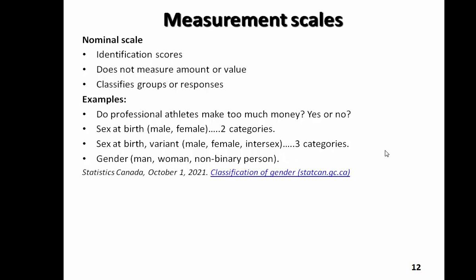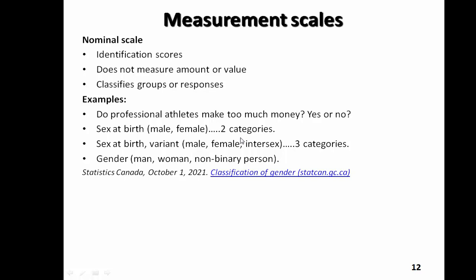These are all definitions that have been adopted effective October 1st, 2021 by Statistics Canada. The key point here is that sex at birth is a dichotomous variable, while sex at birth variant and gender both cannot be defined as dichotomous because there are three categories.